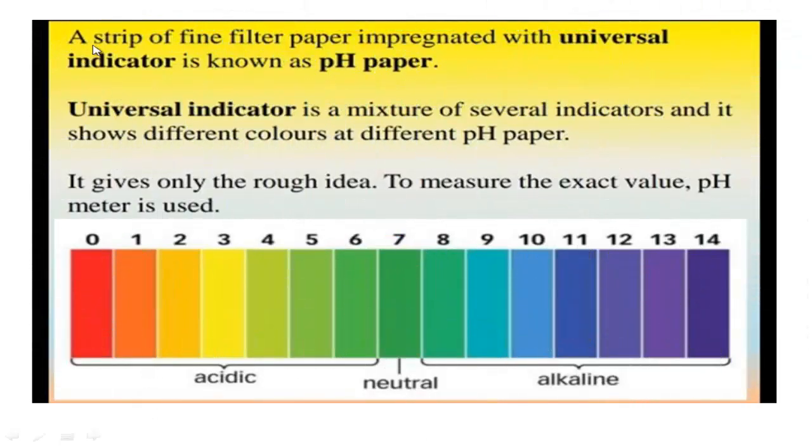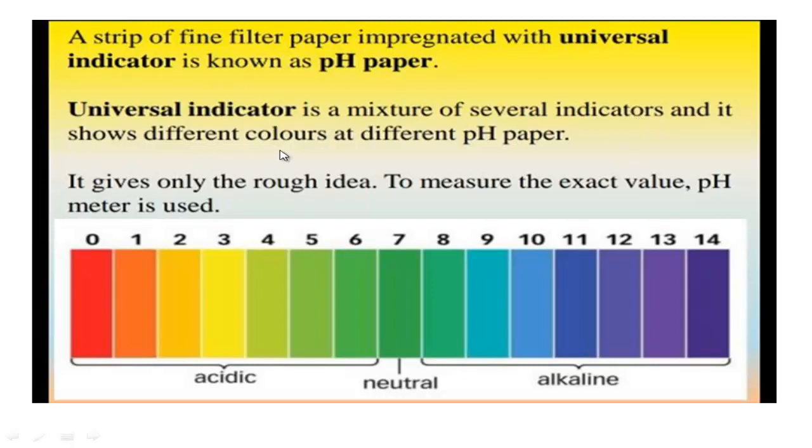Follow here. A strip of fine filter paper impregnated with universal indicator is known as pH paper. That means pH paper is a fine filter paper which is immersed in a universal indicator solution, and when it dries, it becomes a pH paper. And universal indicator is a mixture of several indicators.